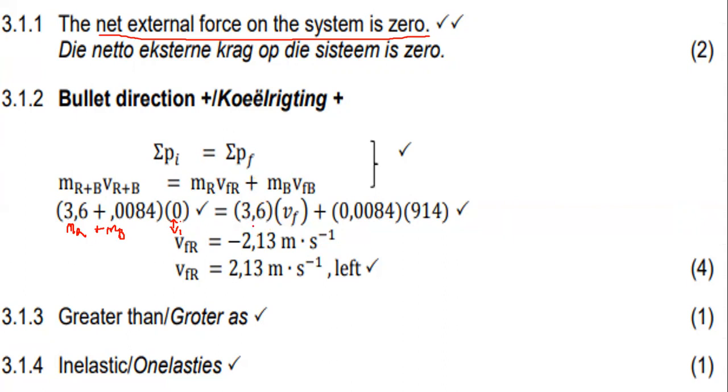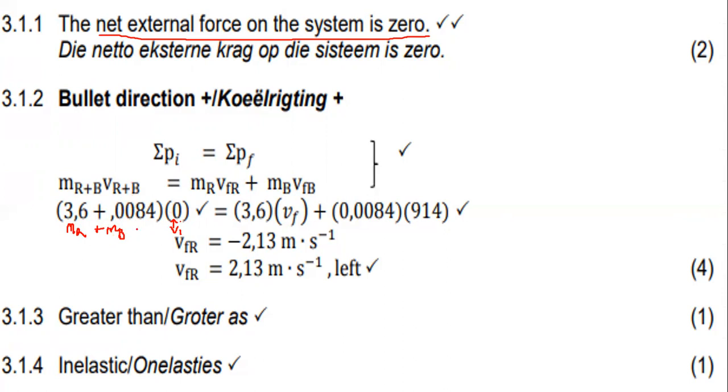Then we do our substitution. The mass of the rifle is 3.6 kilograms, so it was already in kilograms. The mass of the bullet was 8.4 grams, so we must divide by 1,000 to go to kilograms.